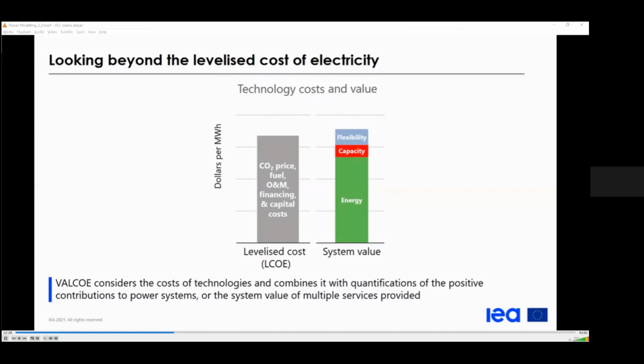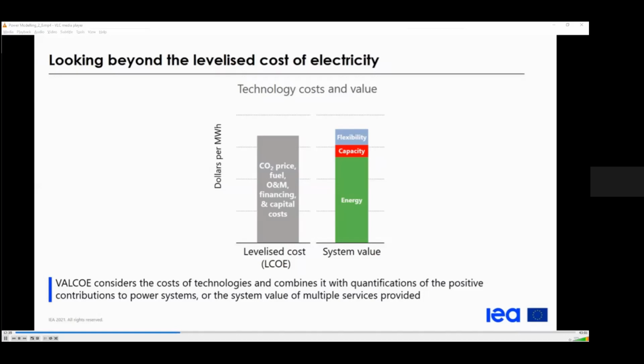The second category is the capacity value. So it reflects the contribution to system adequacy. Capacity markets exist in a number of regions with payment for power plants that can contribute to the reliability of the system. So basically, we can think of it as being paid for being here when needed.